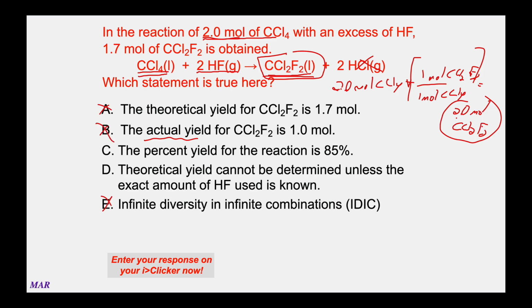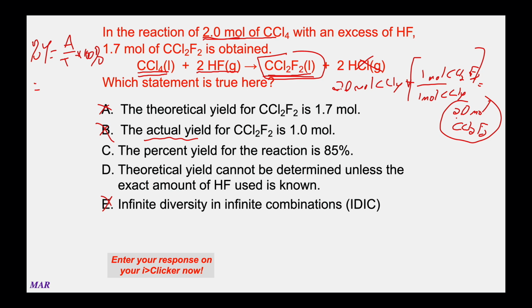C, percent yield for the reaction is 85%. Well, let's figure it out, all right? Percent yield is equal to the actual yield divided by the theoretical yield times 100%. It's kind of sloppy, my apologies.